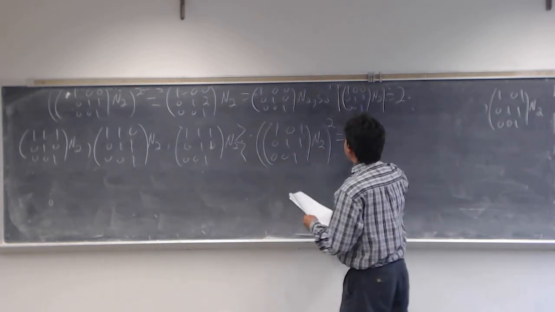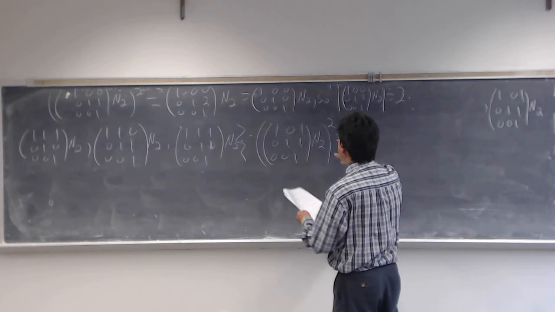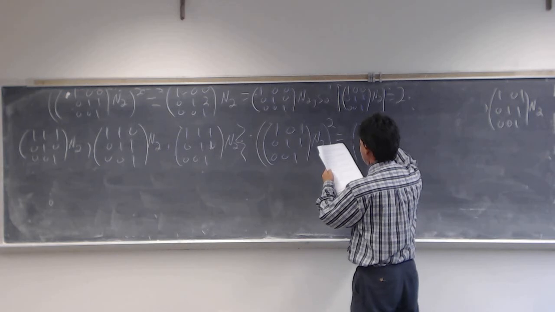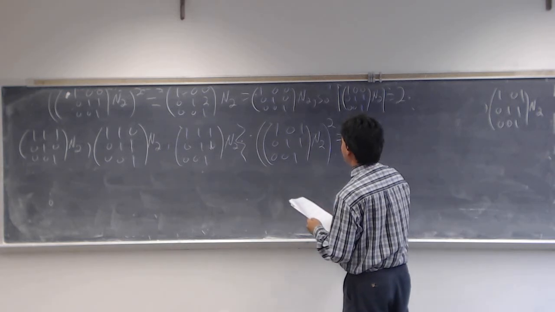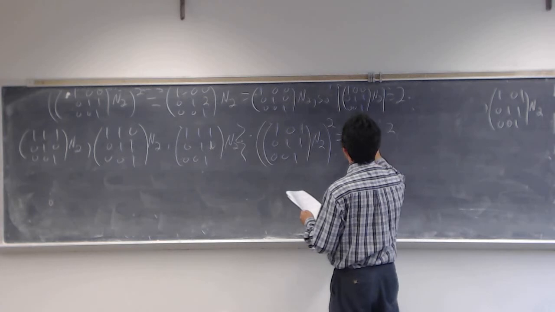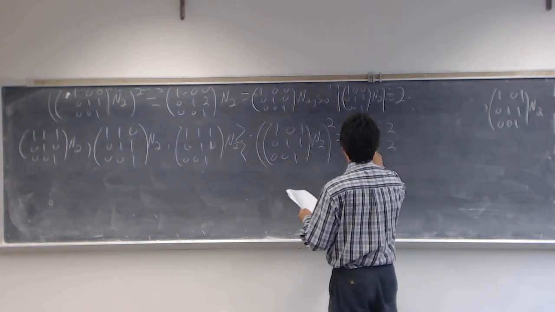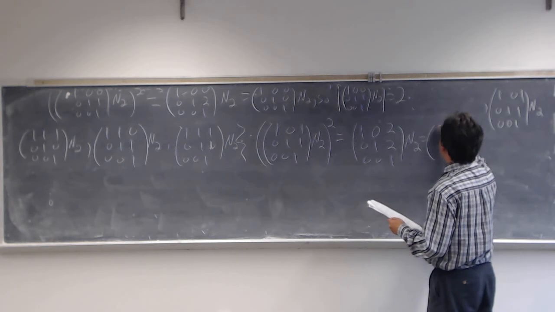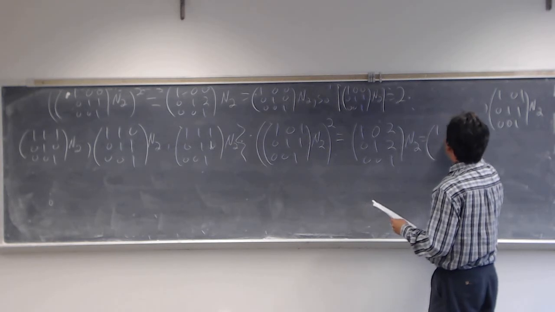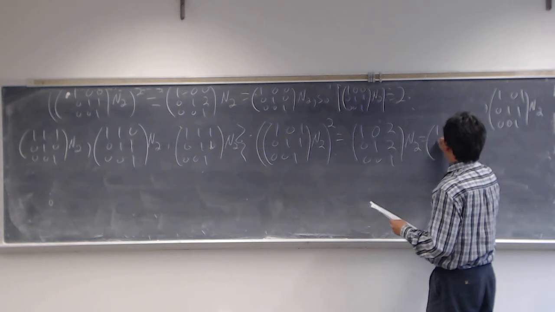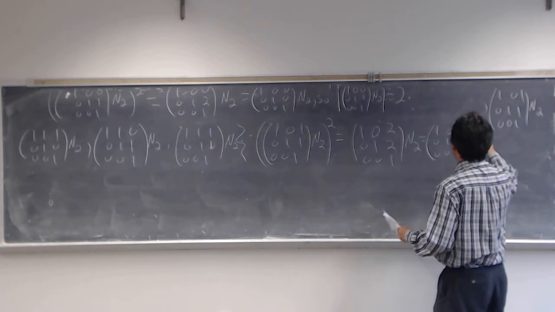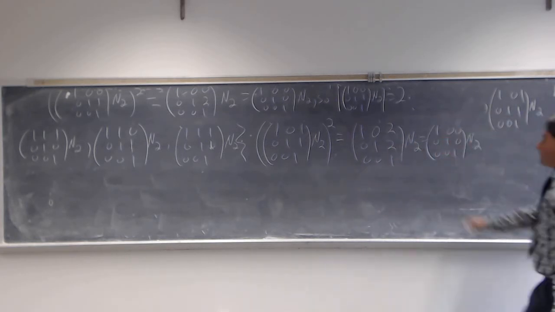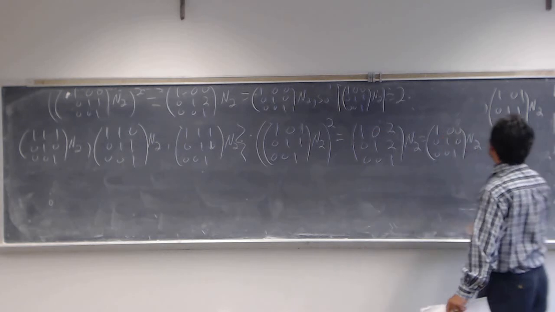And if I square it, I would square this element, so I would get 1, 0, 2, 0, 1, 2, 0, 0, 1, and 2, which again is equal to the identity coset because, well, this representative is an element of N2, right? Well, this is divisible by 2, this is divisible by 2, this is divisible by 2.